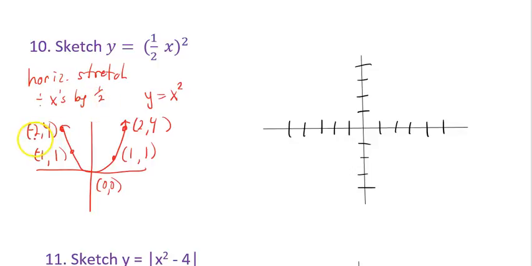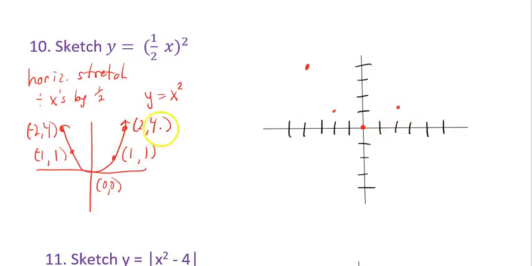So if I take -2, 4, and I'll multiply the x by 2, or divide it by 1/2, I'm going to get -4, 4. So -4, 4. If I take -1, 1, and multiply my x value by 2, I'm going to get -2, 1. 0 times anything is 0. 1, 1, multiply the x by 2, I'm going to get 2, 1.